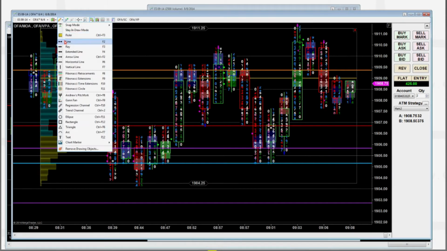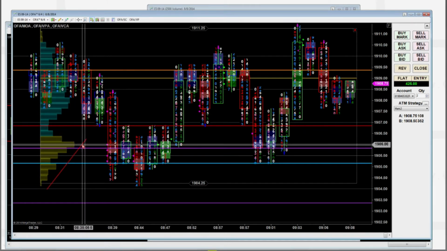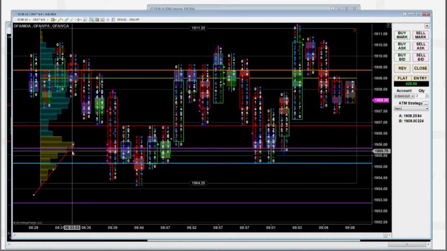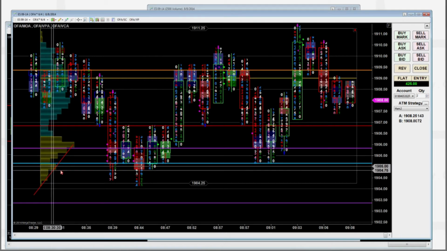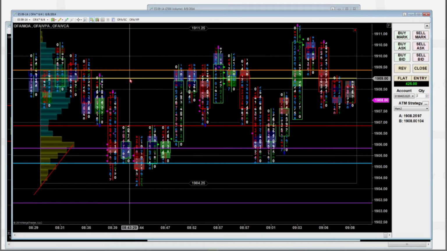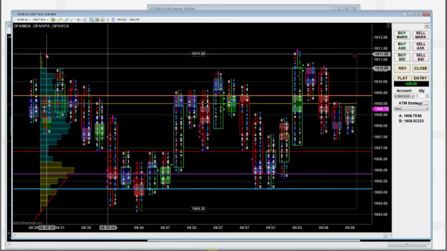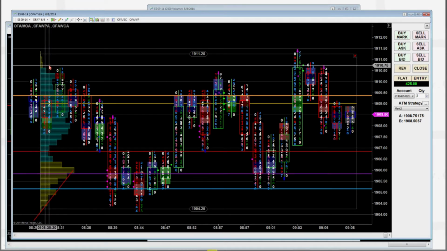So my eye just kind of fills this stuff in. What I see to the downside overall is that as price is moving lower, there's less participation. BPOC is higher. When I look at the auction profile to the upside, there's a little bit of a finish to the upside as well.